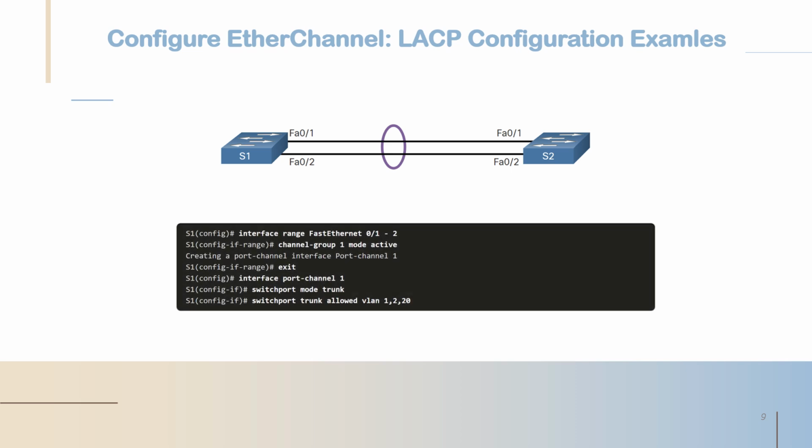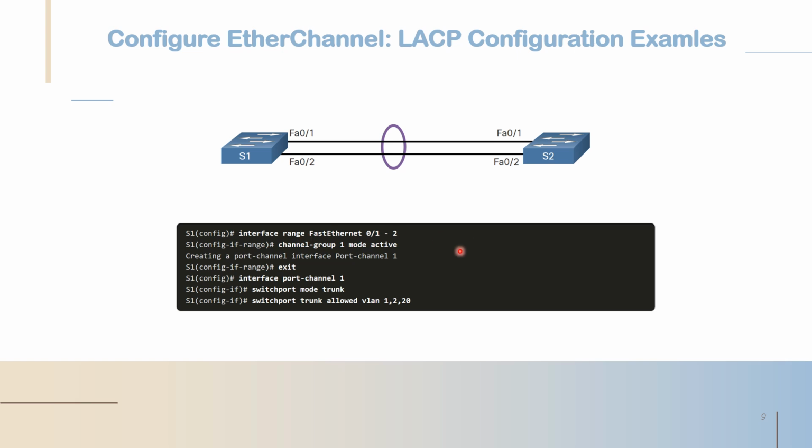At step 1, we specify the interfaces that compose the EtherChannel group by using the interface range command, followed by the range of interfaces, in global configuration mode. The range keyword allows you to select several interfaces and configure them all together.